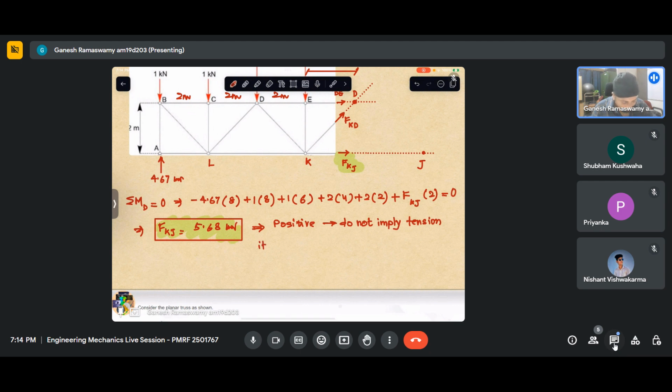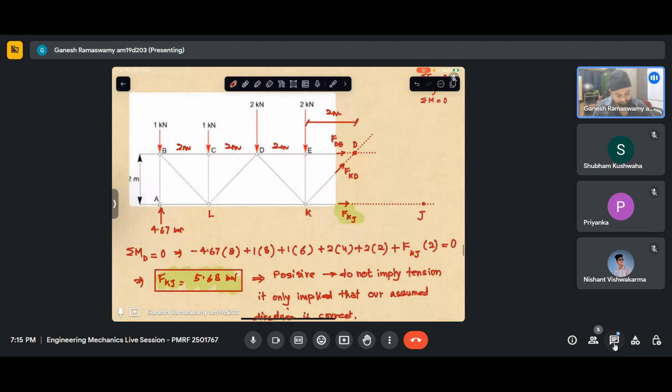It only implies that our assumed direction is correct. And since our assumed direction is tension to start with, force in member KJ is tensile. So this is very important to remember. I hope that this is clear.